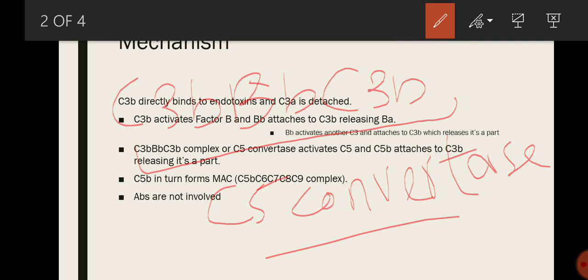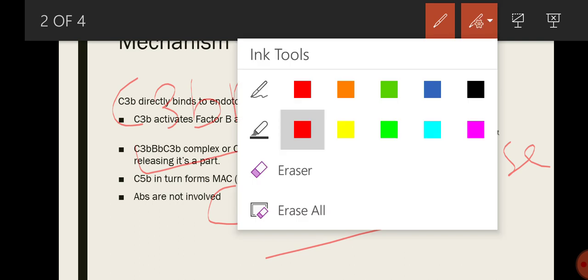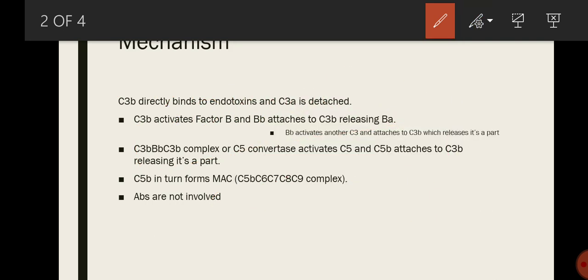Okay, now C5b will be attached to the C3b, and A, or apple portion of this C5 will drift away. So C5b will again form MAC, means membrane attack complex, and we will have the opsonization again. Okay, antibodies are not involved in this case.